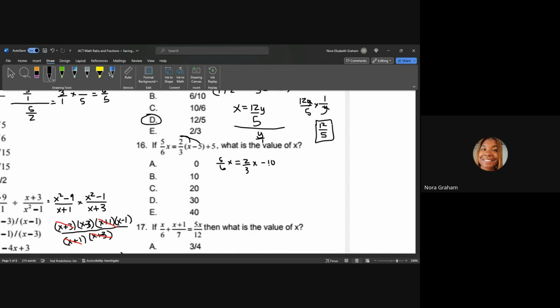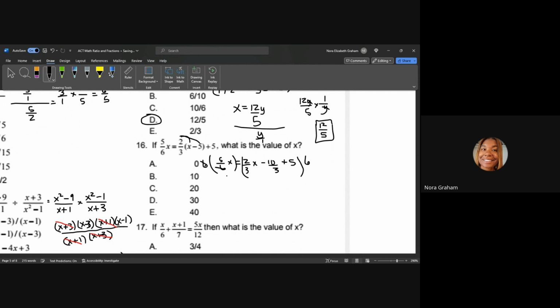That's just multiplying 2 over 3 times 5. And then plus 5. That 5 was not in my parentheses, so I'm not going to multiply it by that 2 over 3. Now, if I want to get rid of all these fractions, I can multiply both sides by 6. Multiply everything, both sides by 6, because I don't want to deal with my fractions.